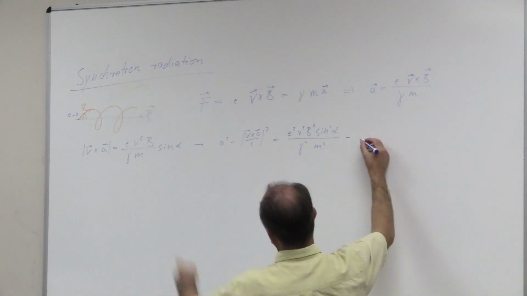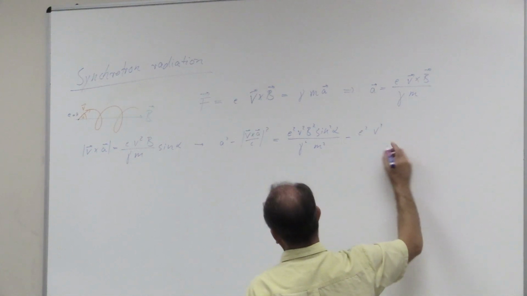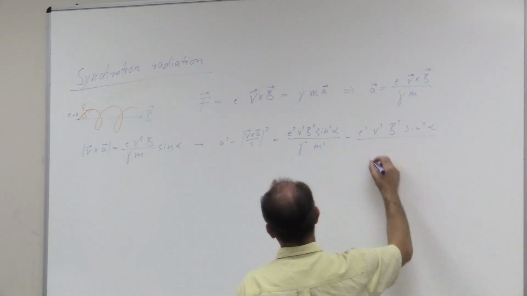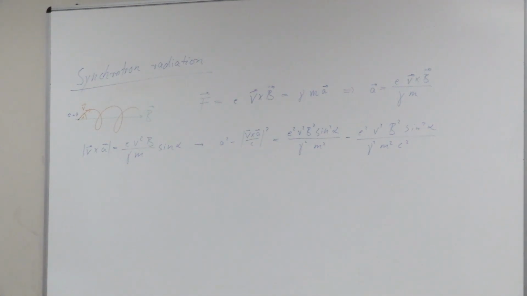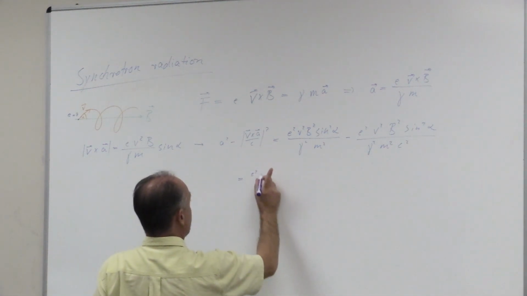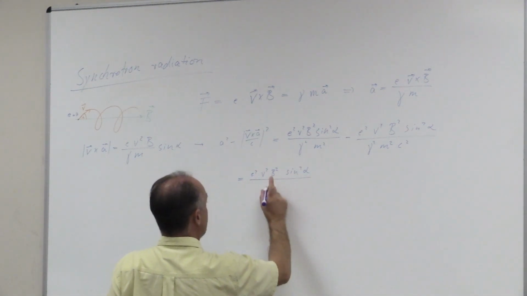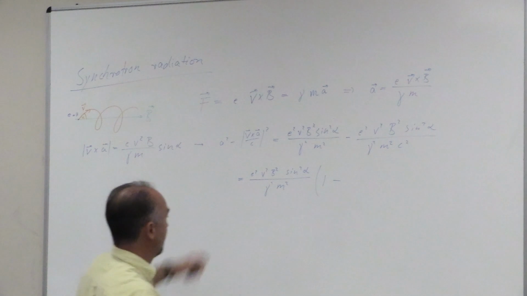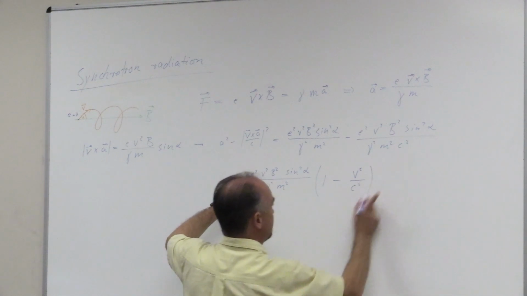We have this thing squared over c squared, so e squared B squared v to the fourth, v squared sine squared alpha over gamma squared m squared c squared. Let's pull this thing out: e squared B squared v squared sine squared alpha over gamma squared m squared times 1 minus, and what do we have extra here? We have v squared over c squared.